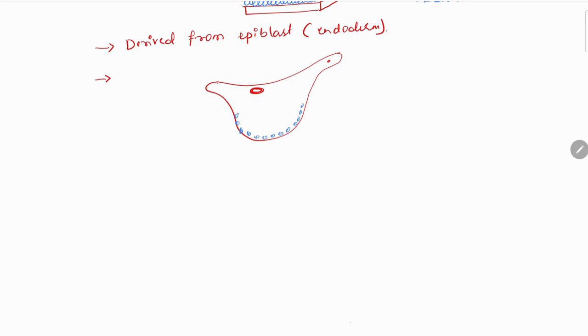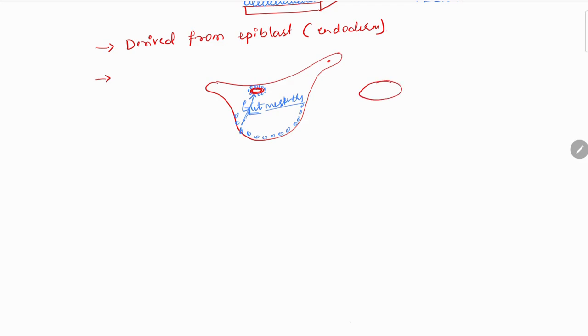From here they have to migrate towards the ovary, and while going there they have to cross the gut and mesentery. We'll draw this separately.